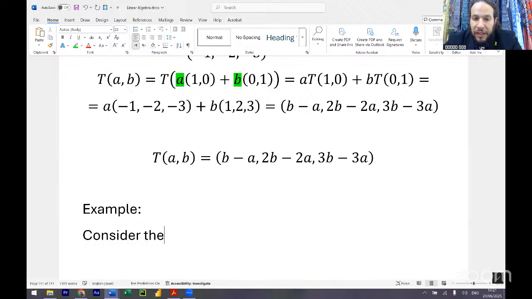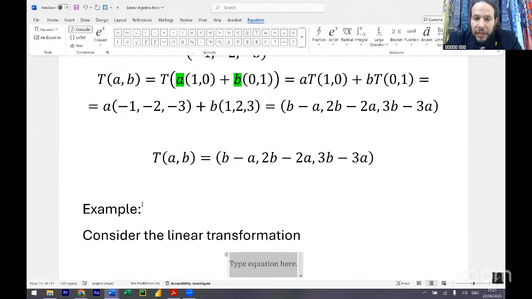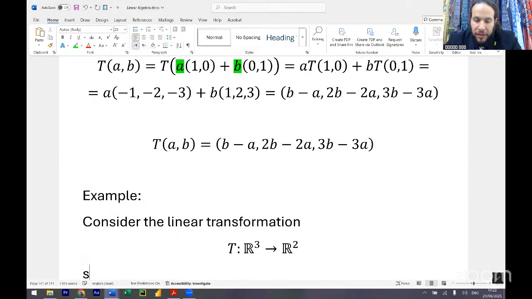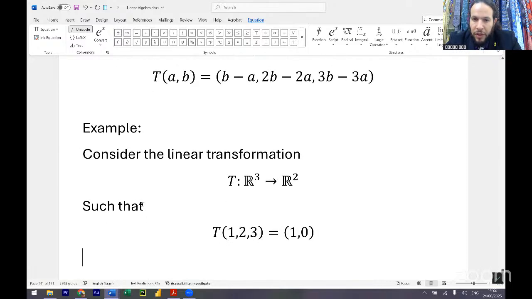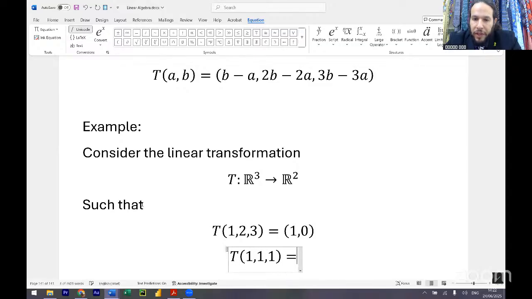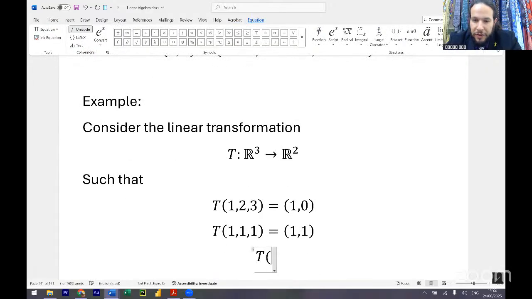Consider the linear transformation T from R cubed to R squared such that T of 1, 2, 3 is 1, 0, and T of 1, 1, 1 is 1, 1, and T of 0, 1, minus 1 is 0, 2.